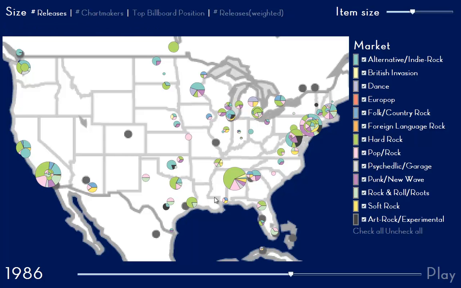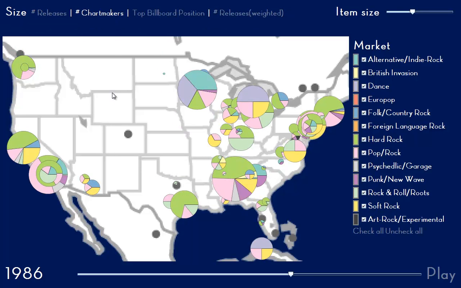Now, to determine the size of those markets, we looked at the albums that were released for each year by the artists coming from those places. So the default size that we can see is the number of releases here. This is the most basic one. It is based on the number of albums released for that particular year.